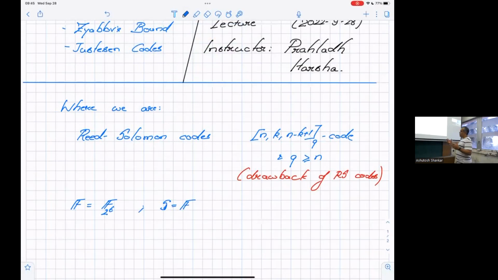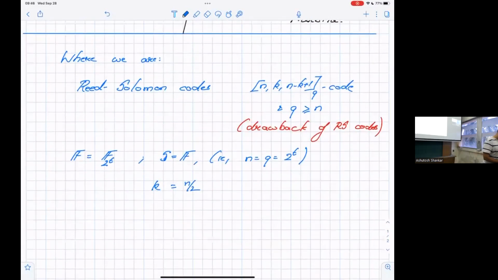So n is equal to q, which is 2^t. And let's assume k is n by 2.